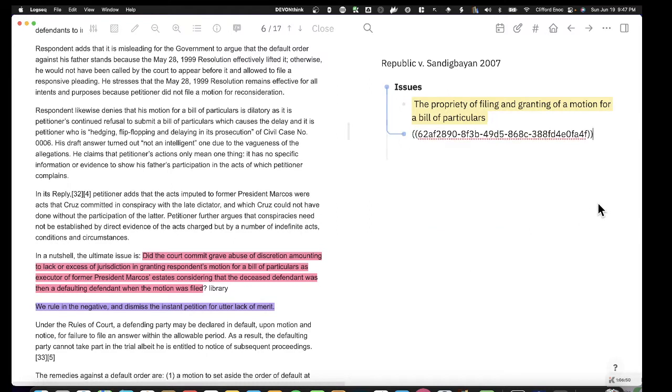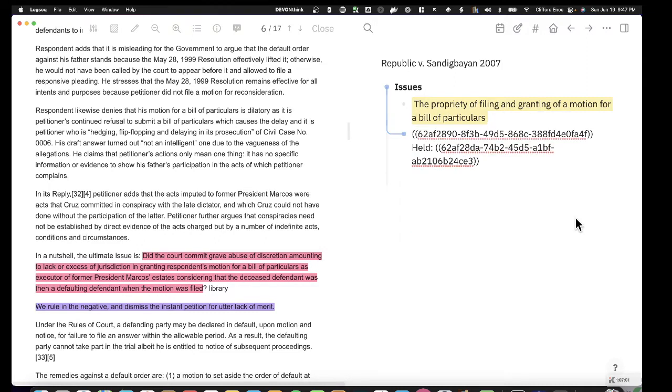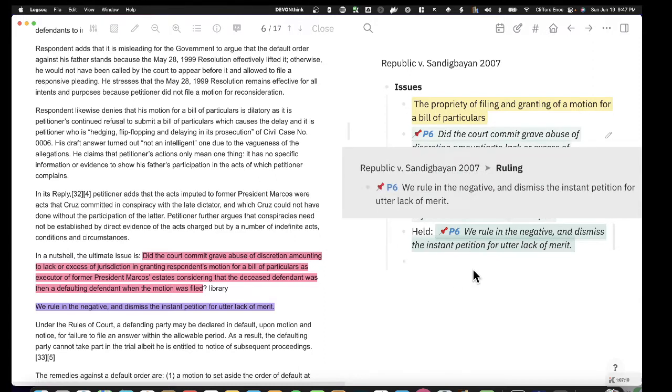And then answer. Ito na. So held: We rule in the negative and dismiss the petition for utter lack of merit.